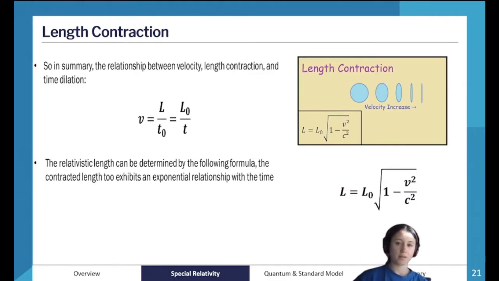Okay, let's get into some more of length contraction. So, in summary, the relationship between velocity, length contraction, and time dilation is summarized right here. Alright, and this is how you can determine the velocity of an object moving.